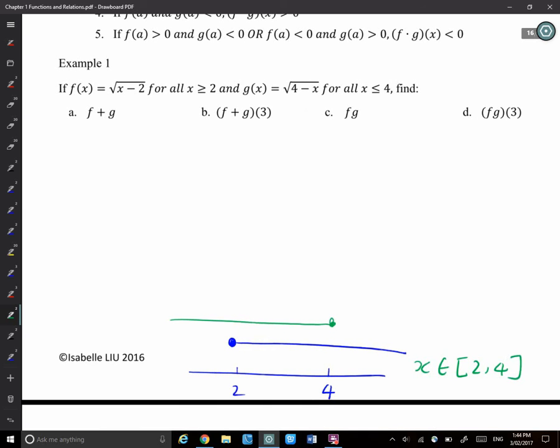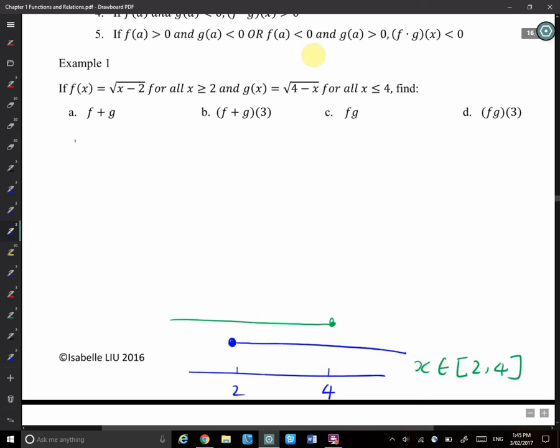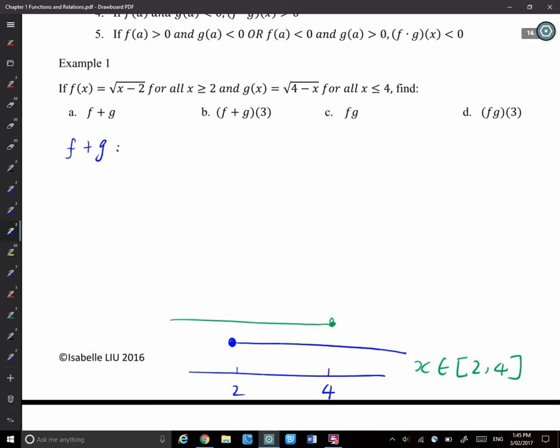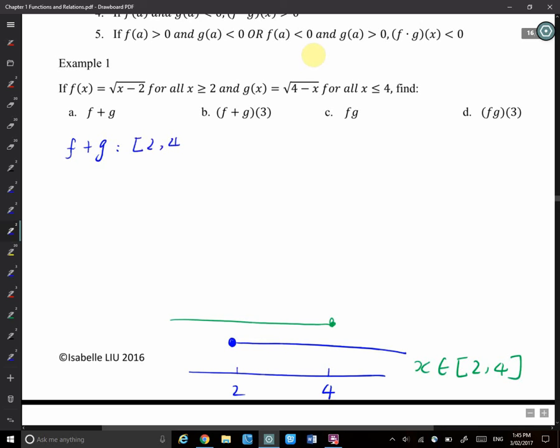Now I want to find the rule for f plus g. Let's revise function notation again. The rule is called f plus g. Colon, I will say what's the domain? The domain is [2, 4], mapping to R, comma.